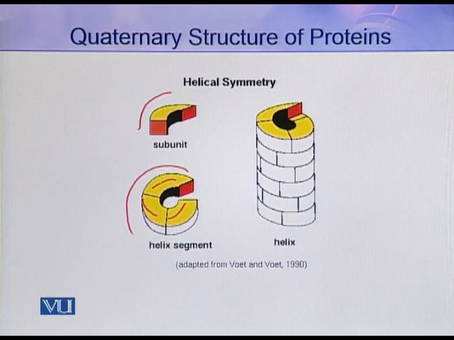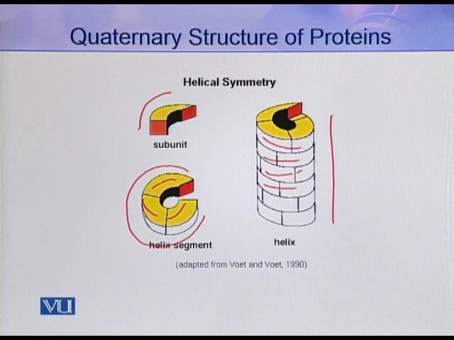This is one helix segment, and in this many such helix segments are arranged. So this helix is actually exhibiting the helical symmetry, and this protein is at its quaternary level of organization. An example of such symmetry is also present in the capsids of different viruses, like tobacco mosaic virus.